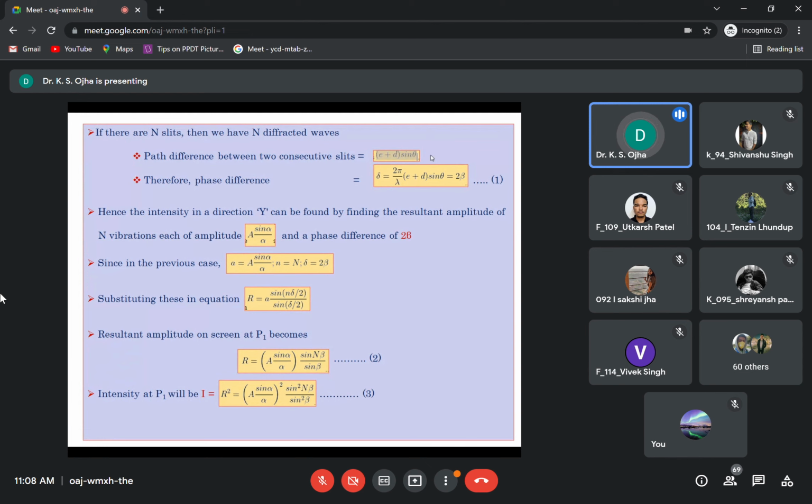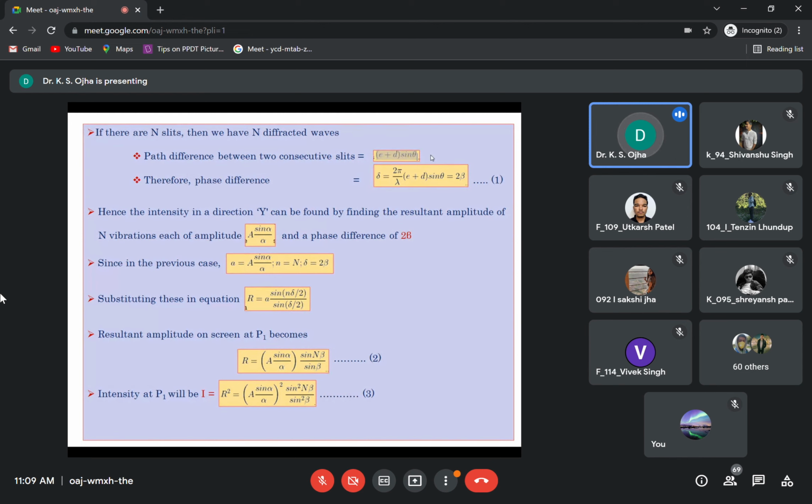Since here the opaque part is also being considered, this will be (E plus D) sine theta. So the phase difference will be 2 pi by lambda (E plus D) sine theta. Here I have considered pi by lambda (E plus D) sine theta equal to beta, so delta equals 2 beta.